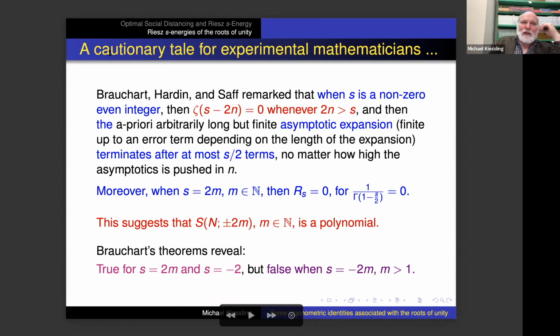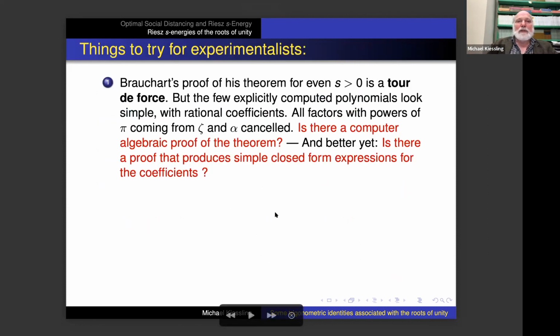So I wrote that as a cautionary tale for experimental mathematicians, because you would have infinitely many cases where it's always true, but here there are a few slips where the conjecture of a polynomial would be false. That's of course small n, but what about something that happens only at n equals a gigazillion? You won't find that experimentally. Anyway, here are some things to try for experimentalists.